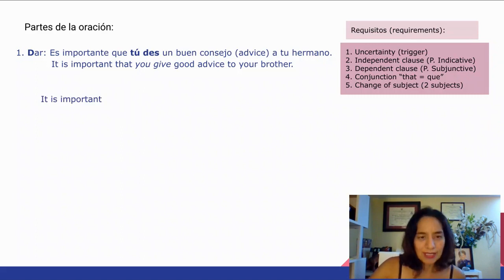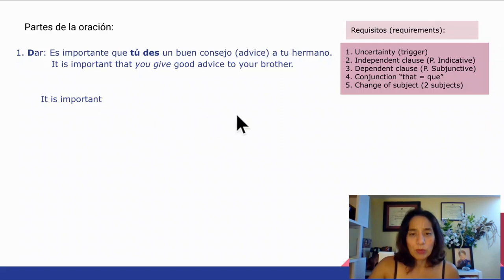It is important. It's a trigger for the subjunctive. And why is that? Because it's an expression that implies uncertainty. It is important that you give advice to your brother.